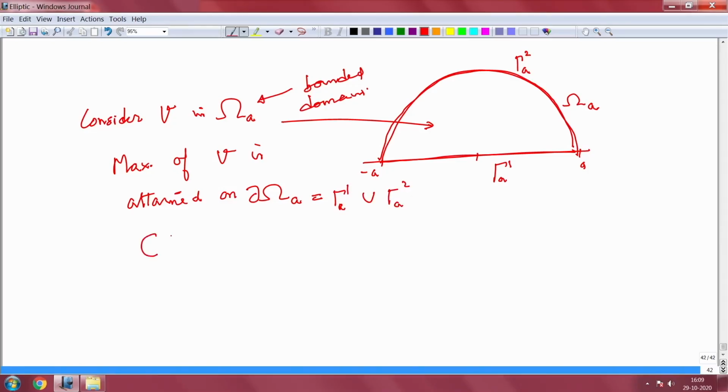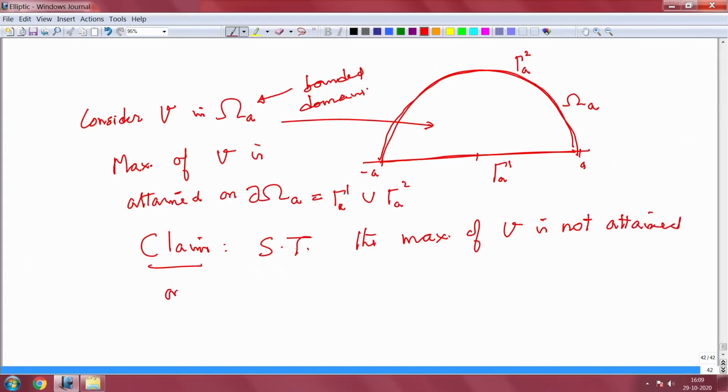The important step in this, which I will not prove, is what you have to look into in the book, or you prove it yourself. It is not difficult to prove by yourself. Show that the maximum of V is not attained on the curved boundary, on gamma 2A.